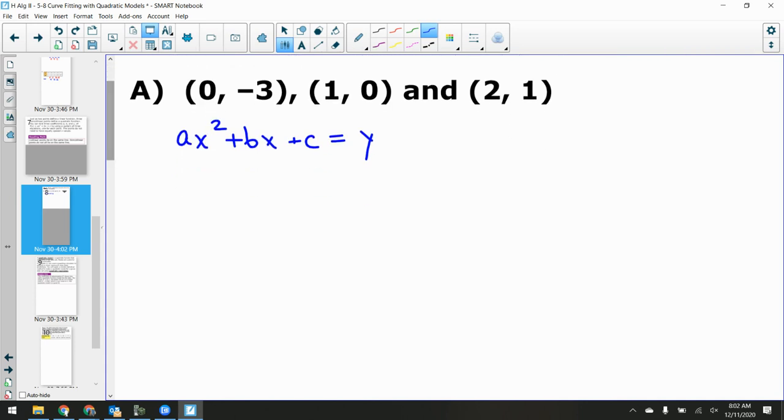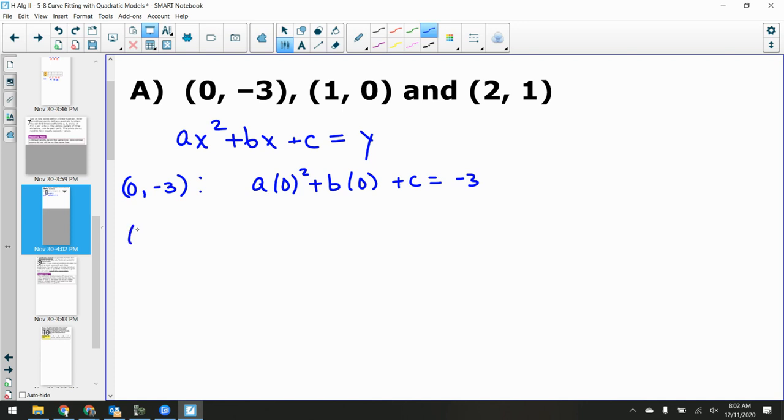Let's take our first point at 0, negative 3, and let's find the equation that matches that, meaning I'm going to plug in 0 for x: a times 0 squared plus b times 0 plus c is equal to the y value, negative 3. Again, all I did was plug in 0 for x and negative 3 for y.